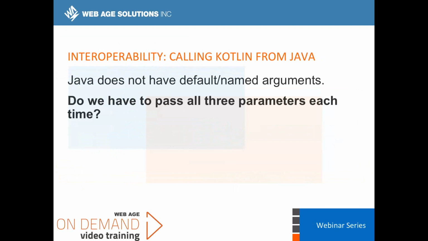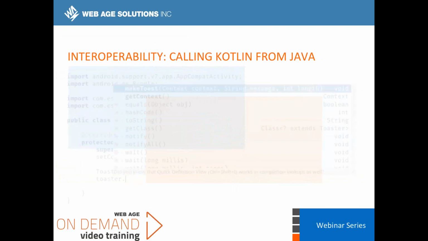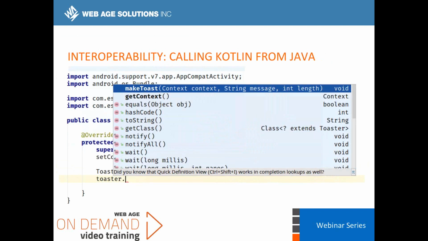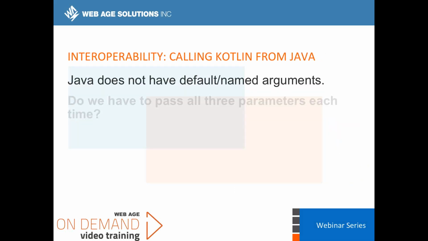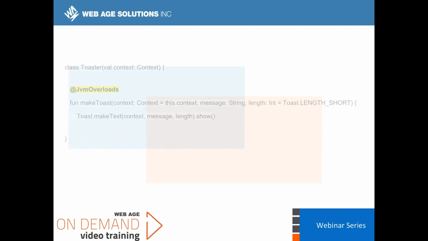We could have passed in all three or variants thereof. So in Java, do we have to pass in all three? Because if you look at the previous slide, the method makeToast says it needs context, message, and length. The answer is, in this area, Kotlin really came up with some good ideas that make it easy to call the various Kotlin methods.